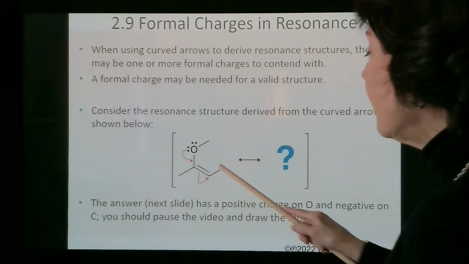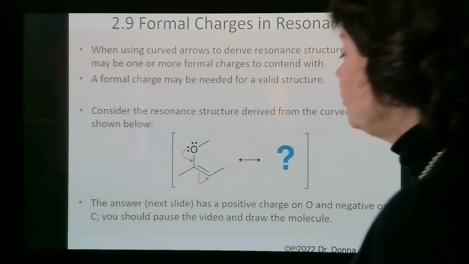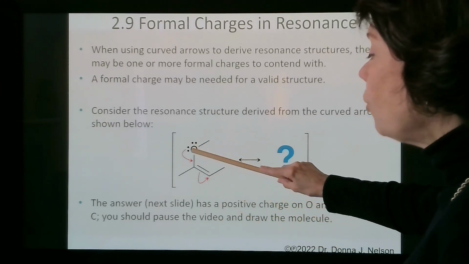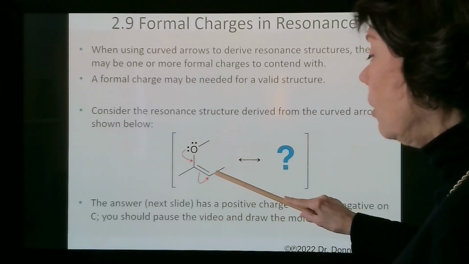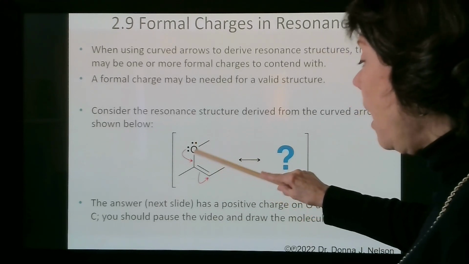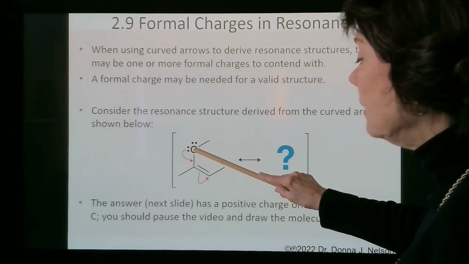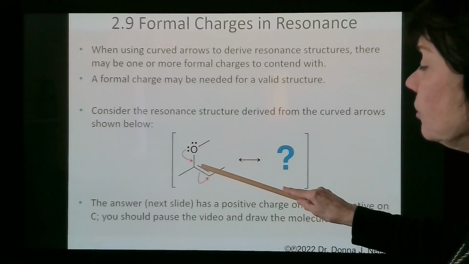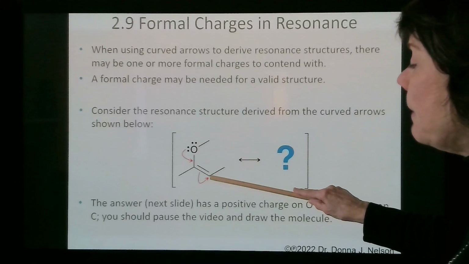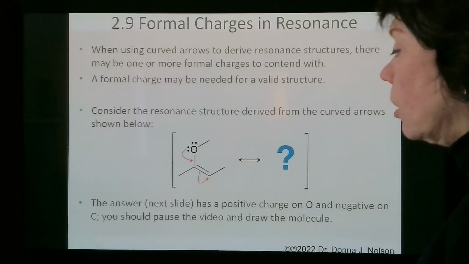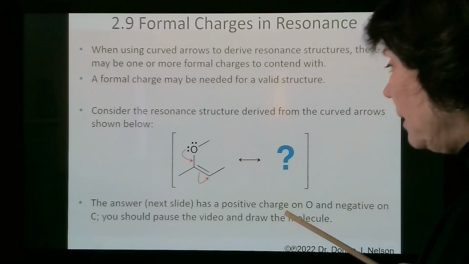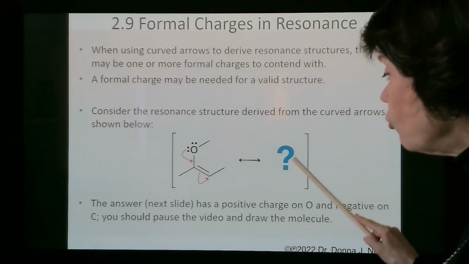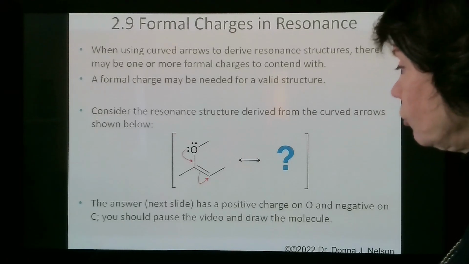What will be the product of this? What will go over here? What's the other resonance structure? So this oxygen is going to bear a positive charge. When it donates electron density, it will be a positively charged oxygen. And this carbon, since it's accepting a pair of electrons, it will be negatively charged. You should stop the video or pause it for a minute and try to draw this structure.